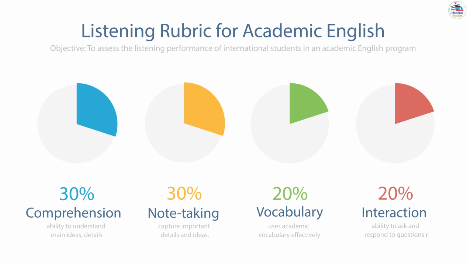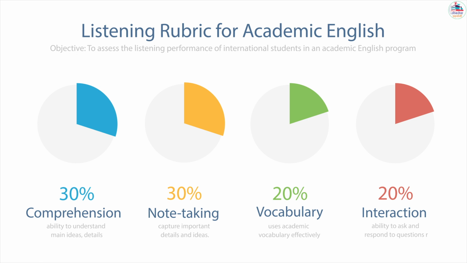Similarly, note taking during listening: the listeners must take notes. You can give 30 points. That means taking comprehensive and well-organized notes. The learners should capture important details during the listening activities.